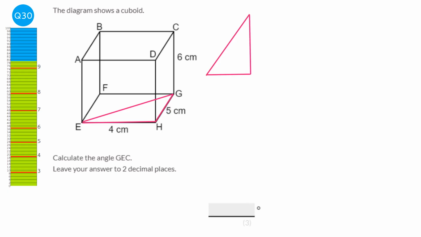So if we put in the values, 4 centimeters there, 5 centimeters there, and we can find length EG by using Pythagoras. So let's try and put in some Pythagoras. So we've got EG squared equals EH squared plus GH squared. And I'm just going to put tram lines down.